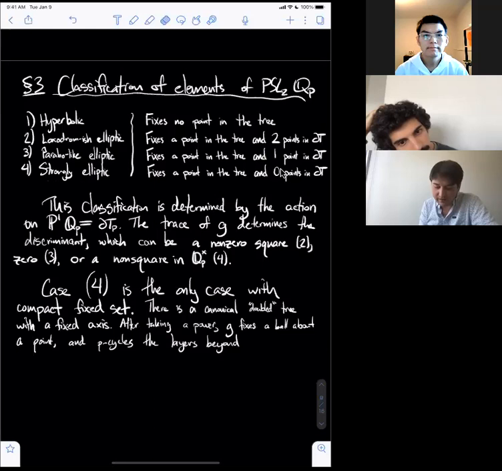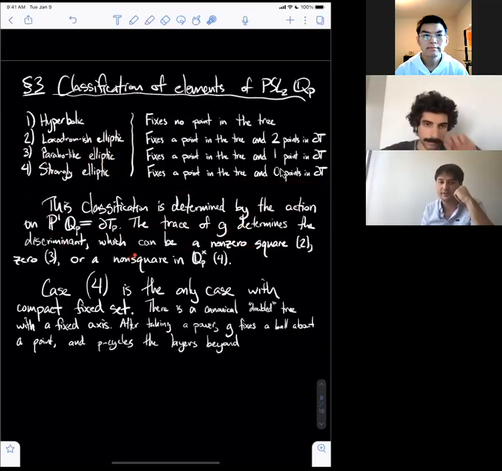And then there are these strongly elliptic, which fix a point in the tree and 0 points in the boundary. These have a compact fixed set. The way to determine what kind of elliptic you are is by the action on the boundary. The trace determines the discriminant, which can either be a non-zero square, 0, or a non-square, and those are these 3 cases respectively.